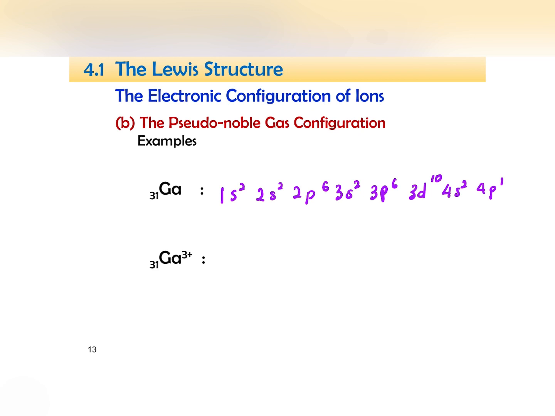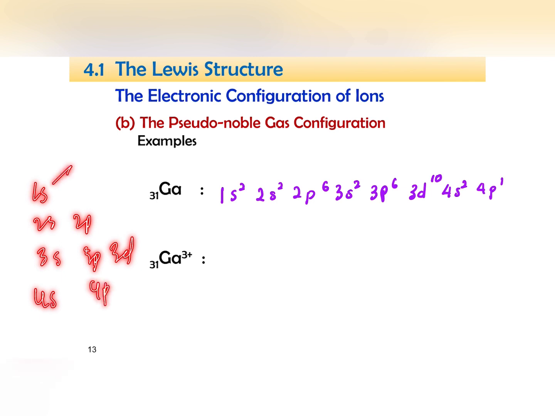Okay, so bila kita isi, kita akan ikut aufbau macam biasalah, aufbau principle. So kita akan fill in 4s, and then bila dah penuh 3d10 dah penuh, barulah kita masuk 4p. Okay, so aufbau 1s 2s 2p 3s 3p 3d 4s 4p.